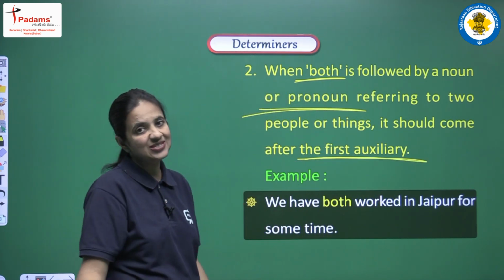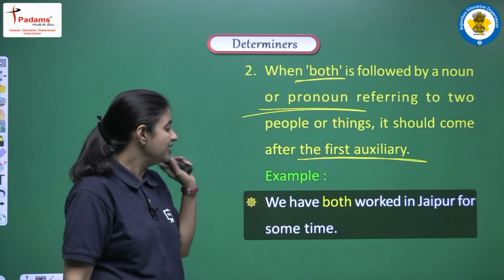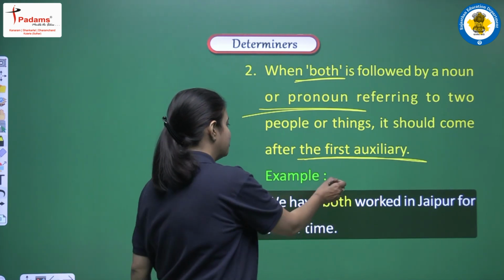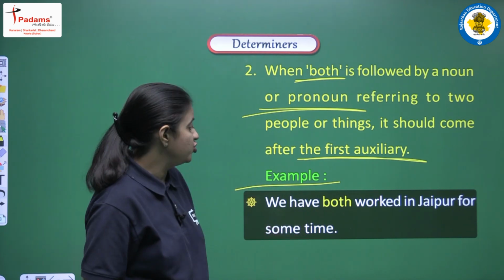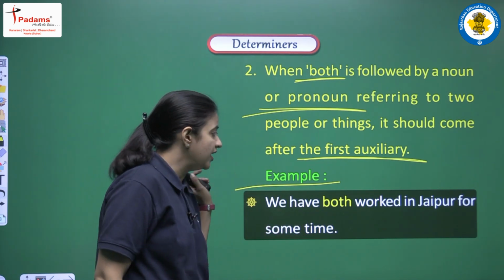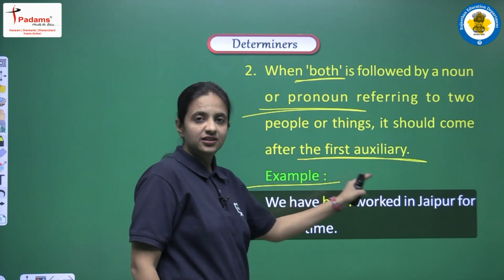So what does it mean? Let's see the example to clear this thing. The example that we are having here is, we have both worked in Jaipur for some time.